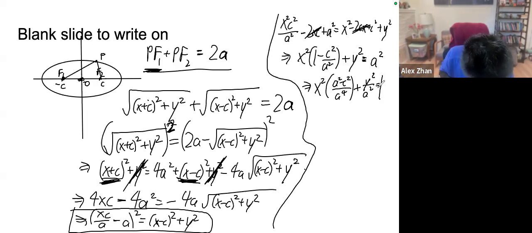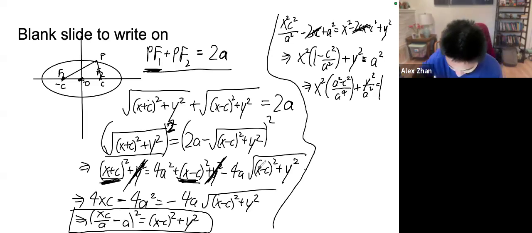Yes. x plus c, y squared equals 4a plus (x plus c) squared equal to minus 4a plus c squared.